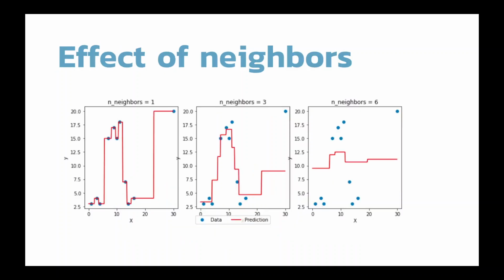Also, if you change the number of neighbors, it's going to change the prediction. If the number of neighbors is small, you stick closer to the data, because you don't have much to average with. Once the number of neighbors is large, the averaging effect is more pronounced.